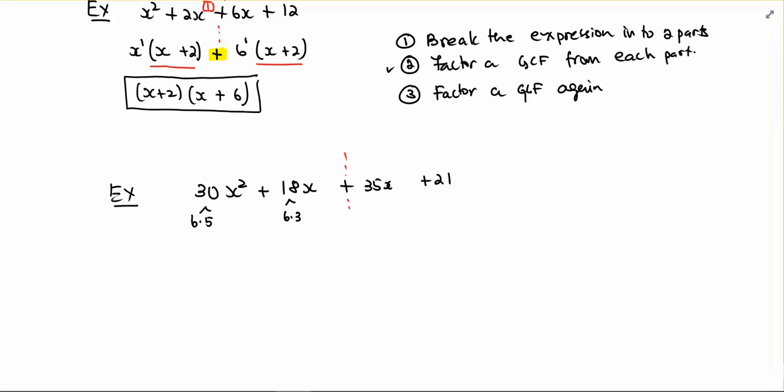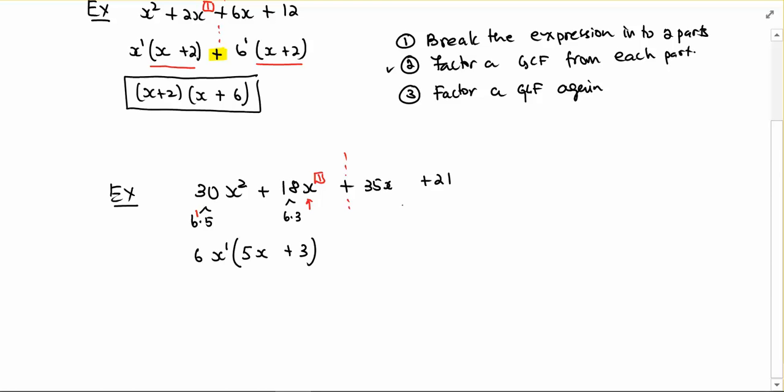And so the number they have in common with the least power is 6 to the first, because 3 and 5 don't have anything in common. So the GCF is going to be 6 to the first, and in terms of variables, it's x to the 1, and then what's left is a 5x plus a 3.